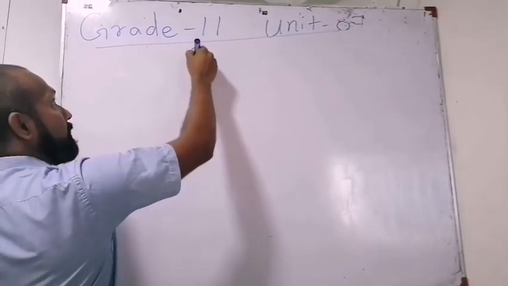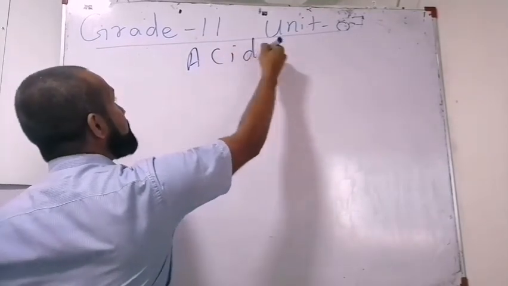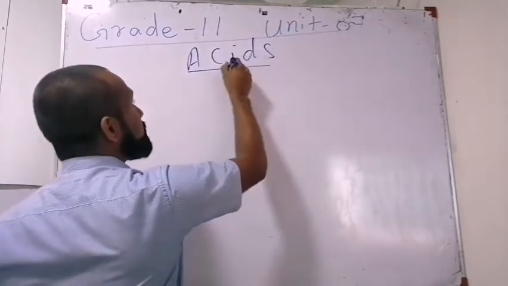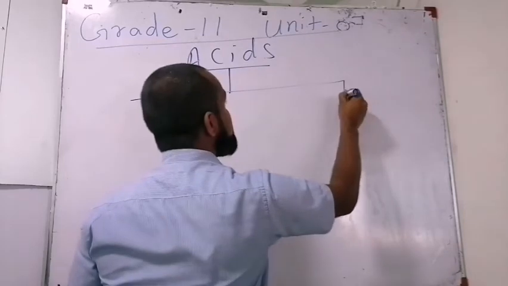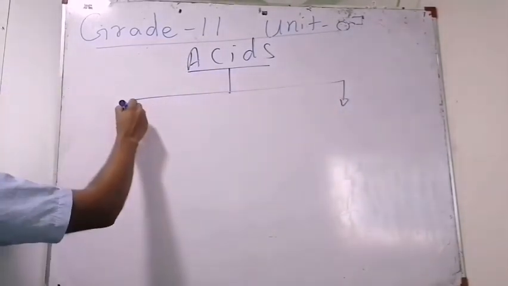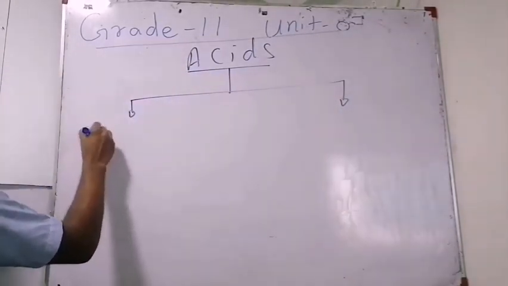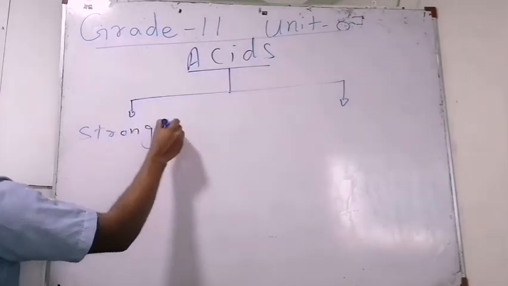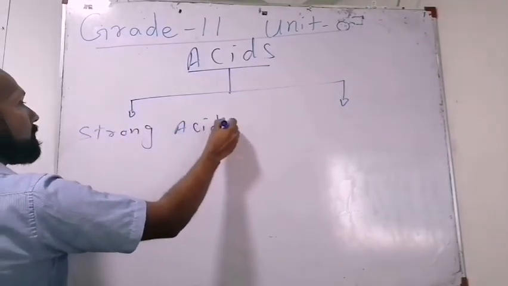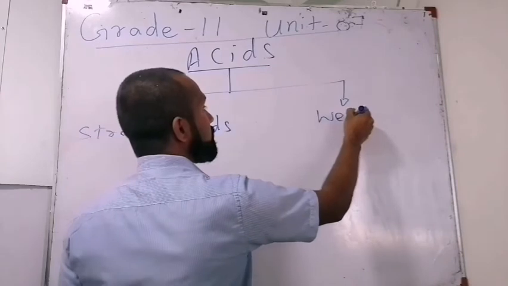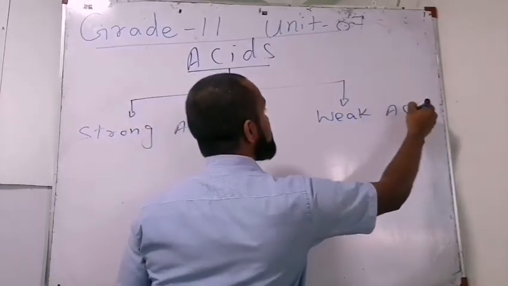Dear children, as I explained to you, acids can be classified into two categories as strong acids and weak acids.